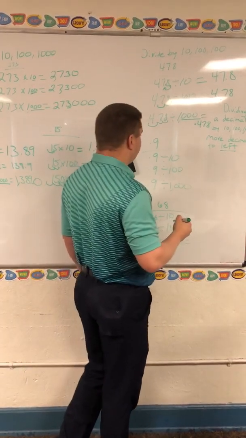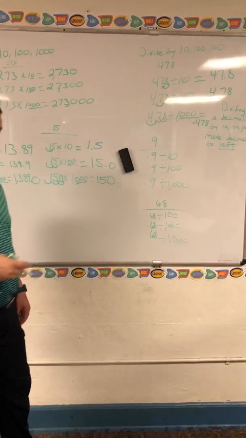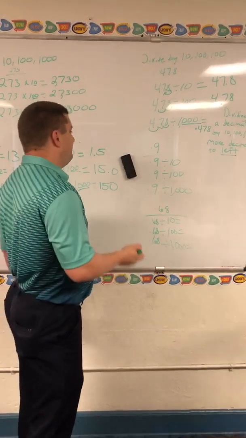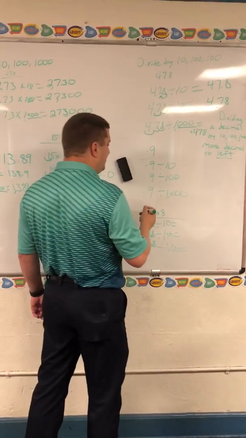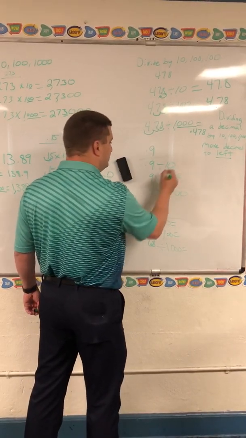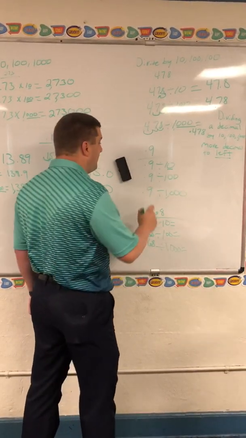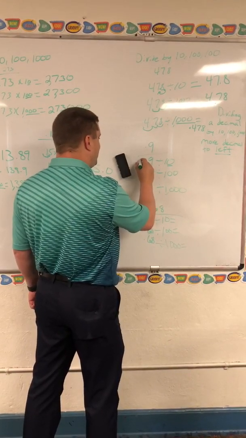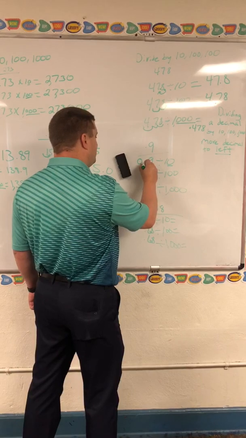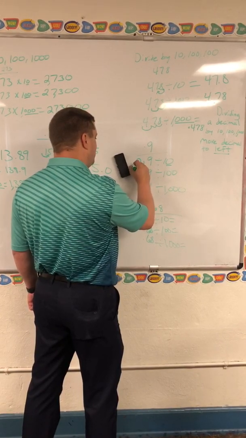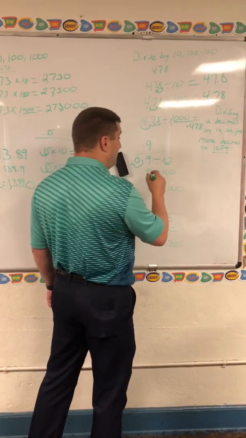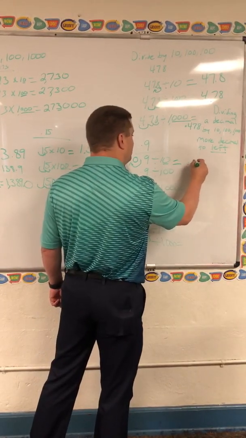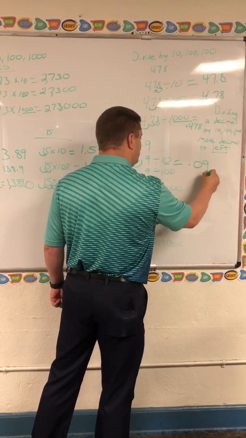Now sometimes you'll have to annex zeros when you divide. So you have 0.9 divided by 10. 1 zero means you move the decimal 1 spot. So, to do that, you have to annex a 0 and move the decimal over 1 spot. So 0.9 divided by 10 is actually 0.09.